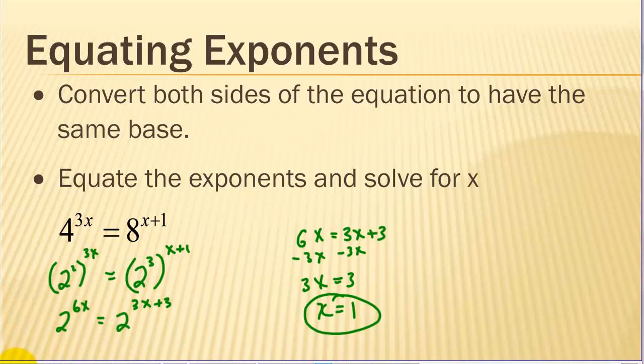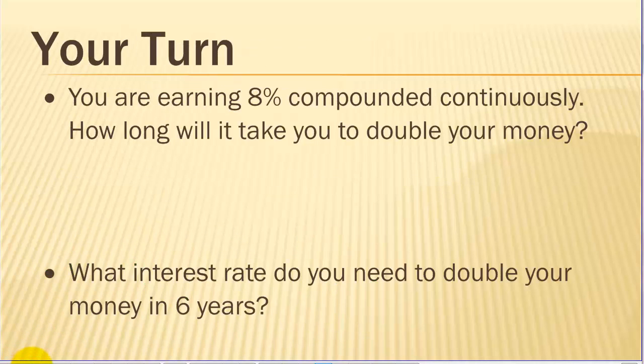Okay, so that's it for, let's see, I have an application problem here for solving exponential equations. So we did compound interest back when we did exponential functions. So we want to double our money. So it didn't tell us what our initial investment is. So we'll just use letters here.